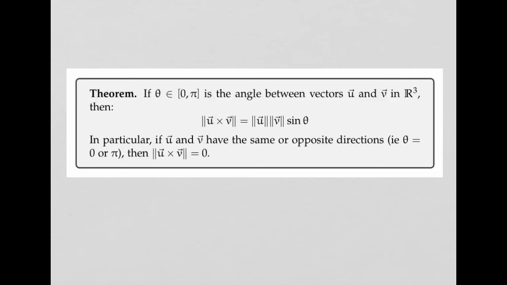Let's see an example. If the magnitude of u is 12 and the magnitude of v is 5 and the angle between u and v is 30 degrees, let us compute the magnitude of u cross v. We'll use the last theorem to do that. The magnitude of u cross v is the magnitude of u times the magnitude of v times the sine of the angle between them.